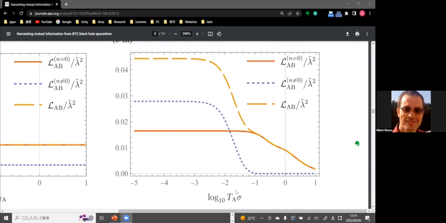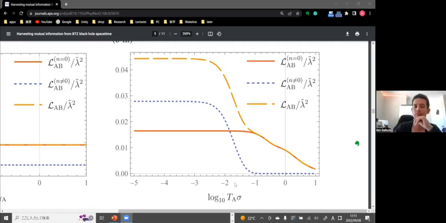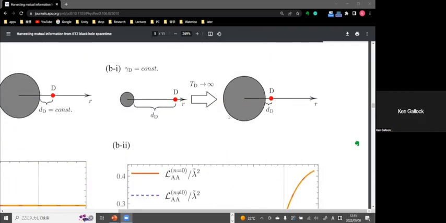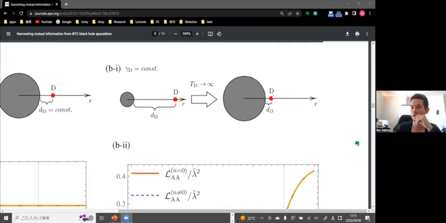I'm not sure whether I'm interpreting that correctly, but I would probably expect that if I move away from the horizon, I will eventually be dominated by Hawking radiation rather than acceleration radiation. I know the variable here is a different one, but I'm not sure whether one could relate it in that way. Yeah, in this case, high temperature means it is really close to the event horizon of a huge black hole.